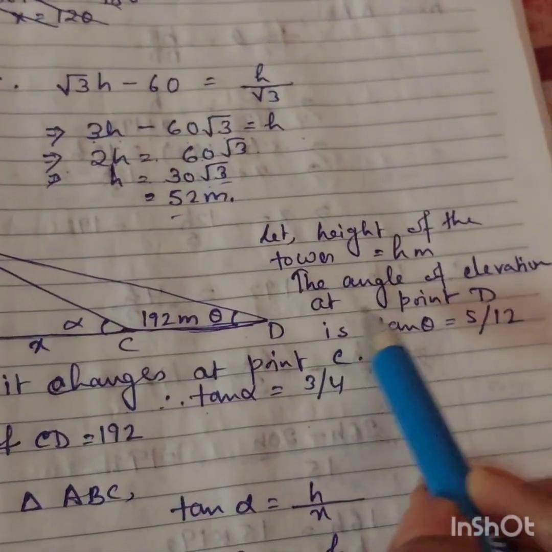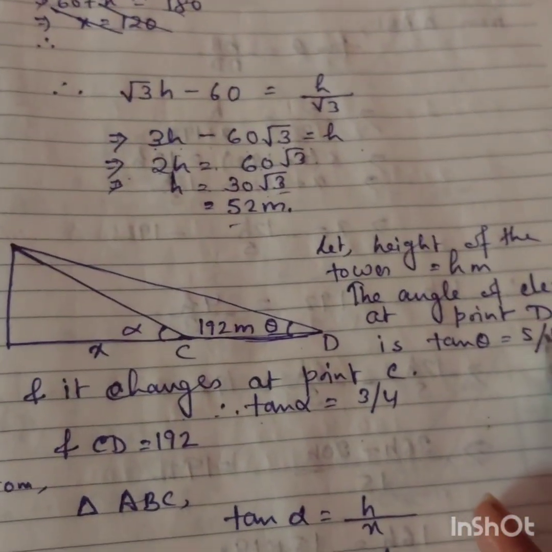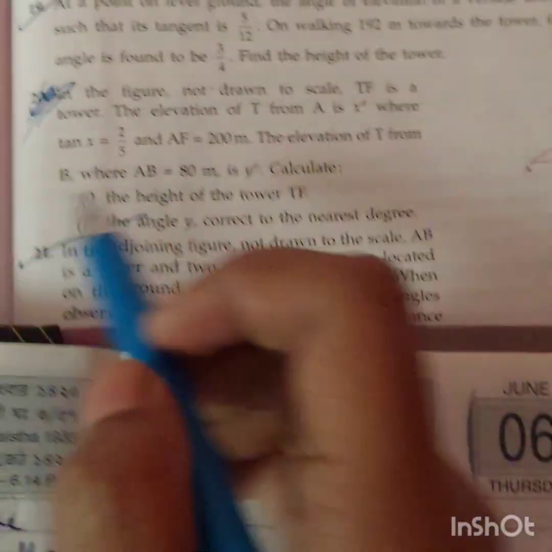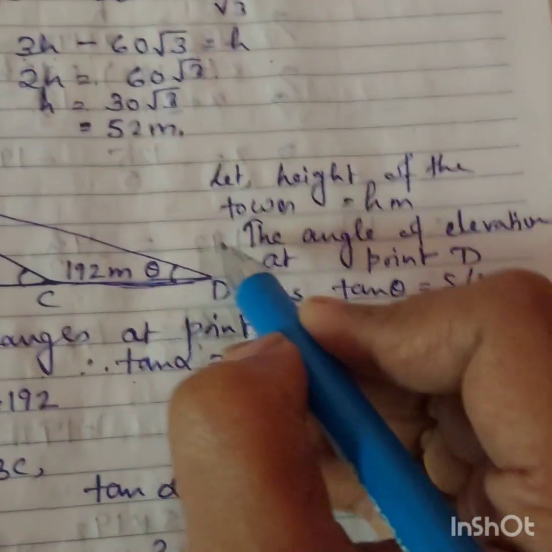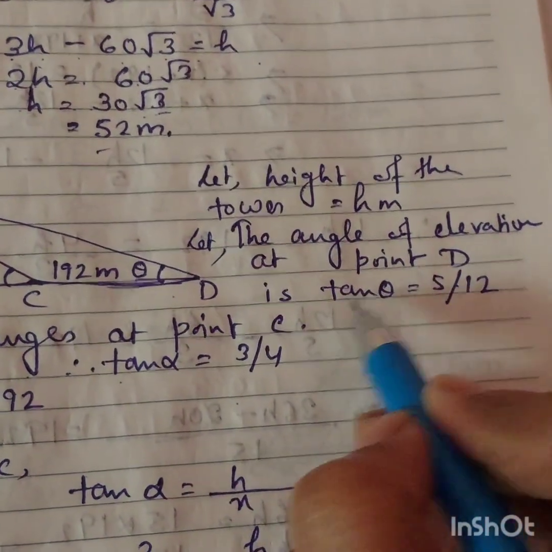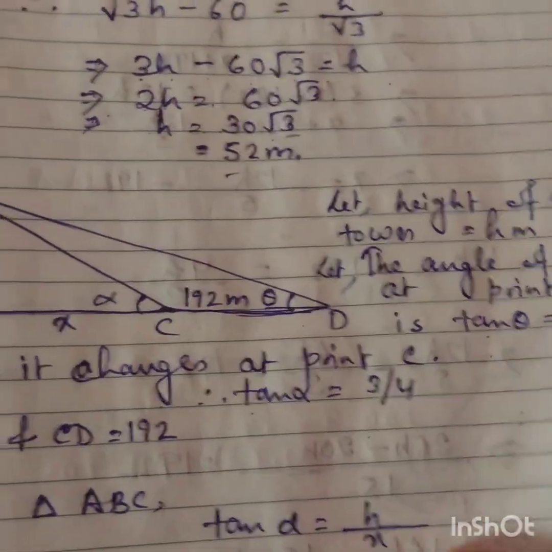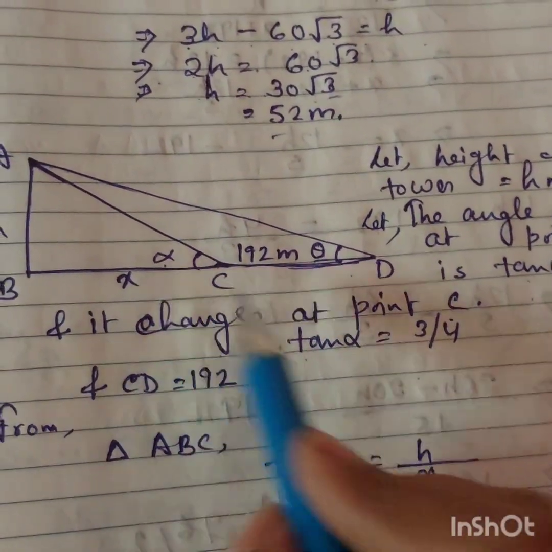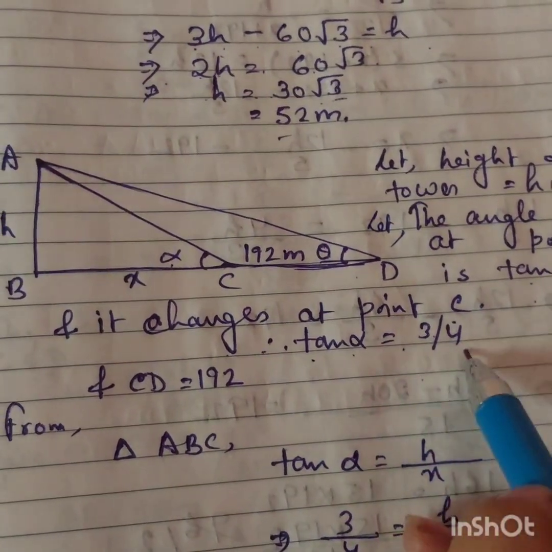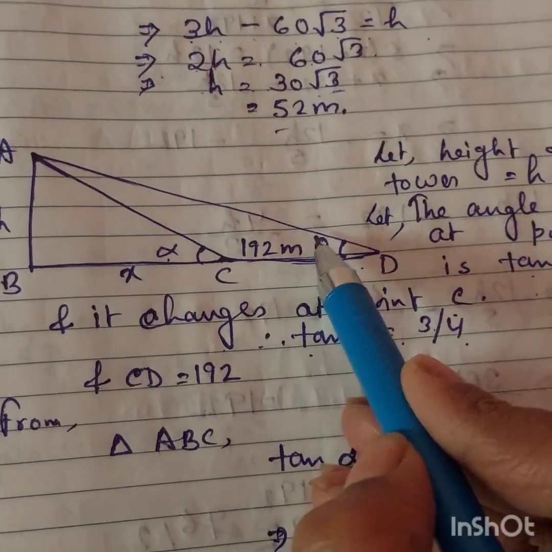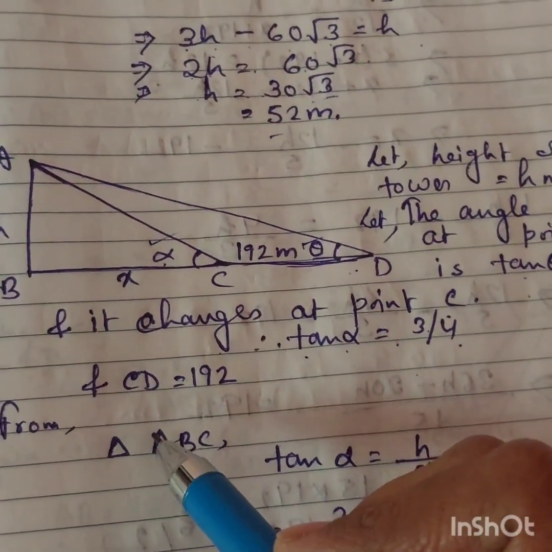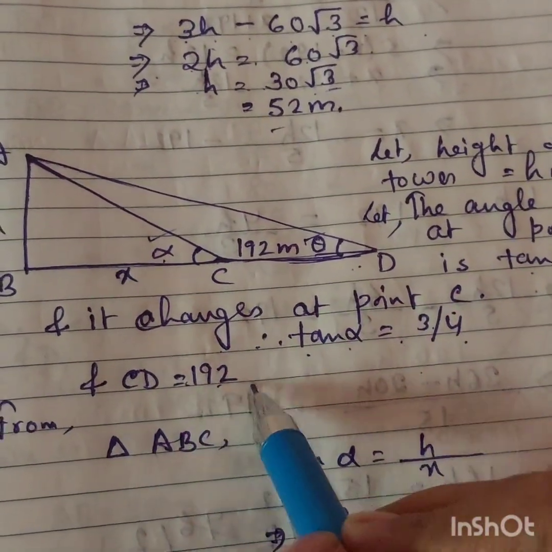The angle of elevation at the point D is theta, and the value of tan theta is given, that is 5/12, and it changes at the point C. Therefore tan alpha is equal to 3/4, because the angle of elevation at the point D is theta and at the point C is alpha. And CD is equal to 132.